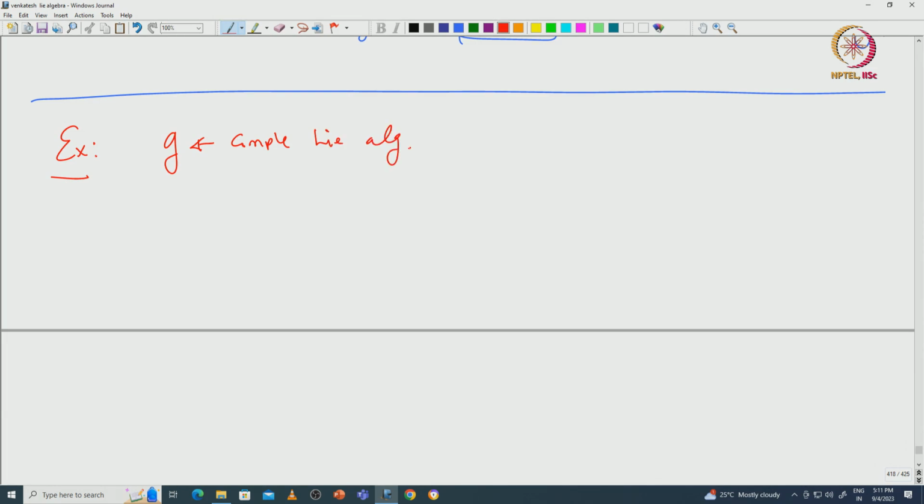Now this has nothing to do with semi-simplicity, it is true for any complex Lie algebra. Take delta being an element of the derivations of g. Since the derivations of g sit inside the endomorphisms of g, we can talk about delta being equal to delta_S plus delta_N. This is the usual Jordan-Chevalley decomposition.